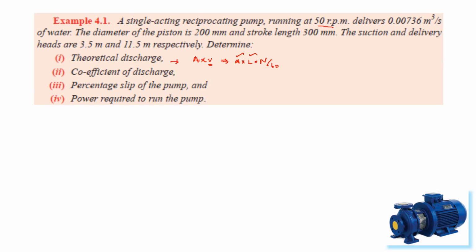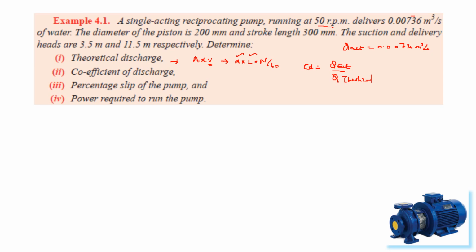By this we can find the theoretical discharge. Then what about actual discharge? Q actual is given here, 0.00736 meter cube per second. Then what is the coefficient of discharge? CD is nothing but Q actual by Q theoretical.